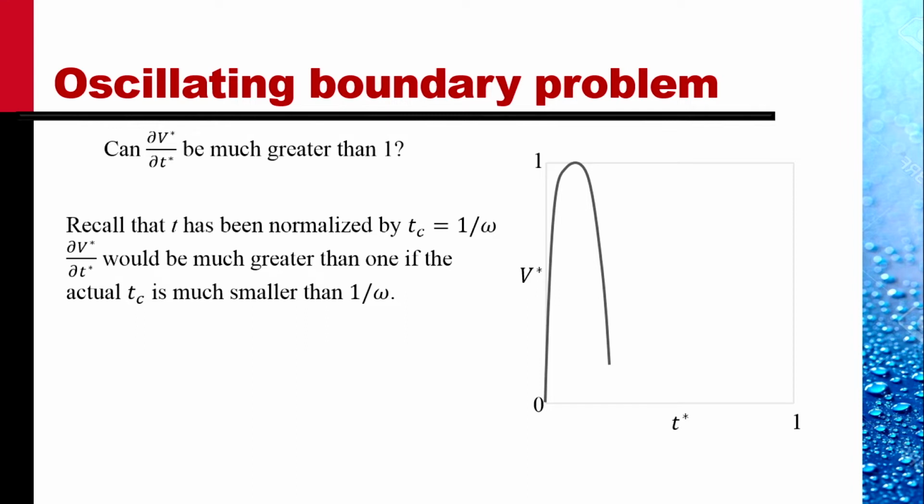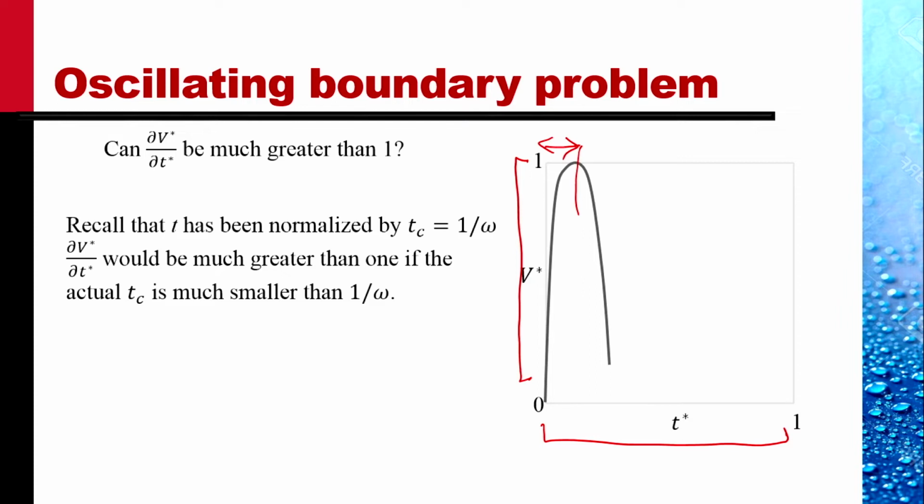This would be possible only if the variation of v star with t star, normalized by Tc equal to 1 over omega, is something like this: that it doesn't take the whole range of t star for v star to change from 0 to 1, but it changes from 0 to 1 in a much smaller interval.